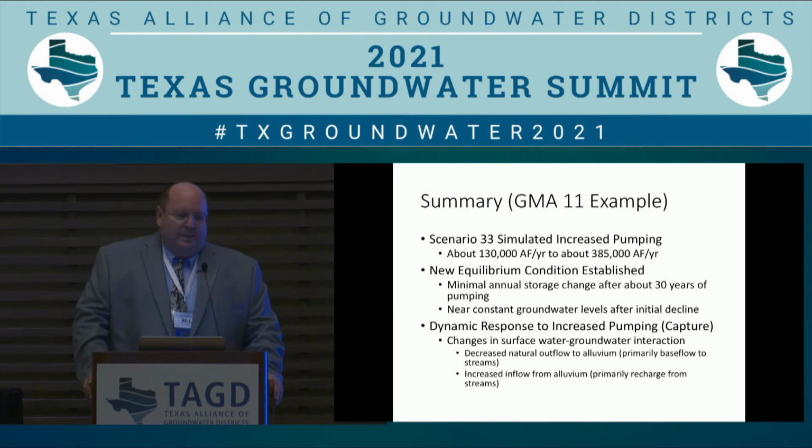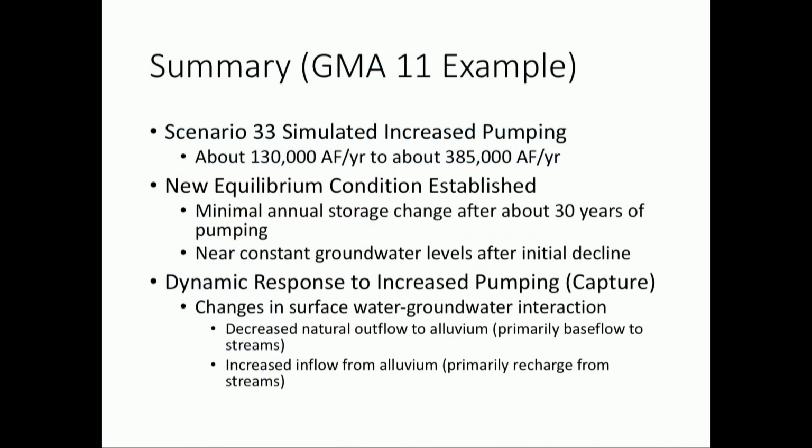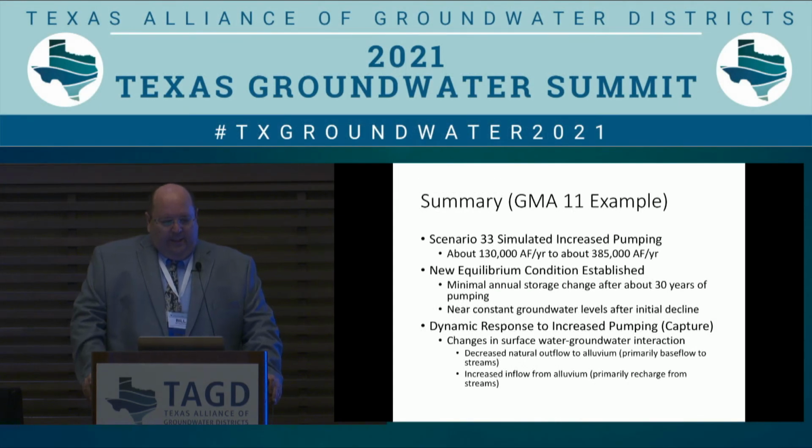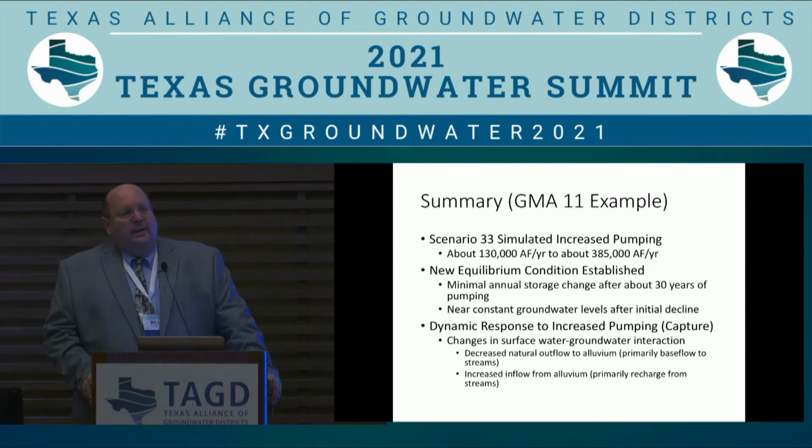So to summarize, we looked at a scenario called Scenario 33 that bumped the pumping from 130,000 acre feet to 385,000. We created a new equilibrium condition. There's minimal storage change after about 30 years, and constant groundwater levels after that initial decline. And that's all because of capture.